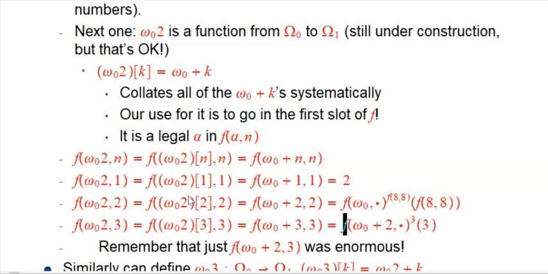It is: take the f omega naught plus 2 function, which we only investigated for very small inputs, and first apply it to 3, then do it again on that output, and then do it again. This was the last one we did with any detail, and it was enormous. And then this says take the f omega naught plus 2 function and apply it to that number two more times. And we're going to keep going with this.